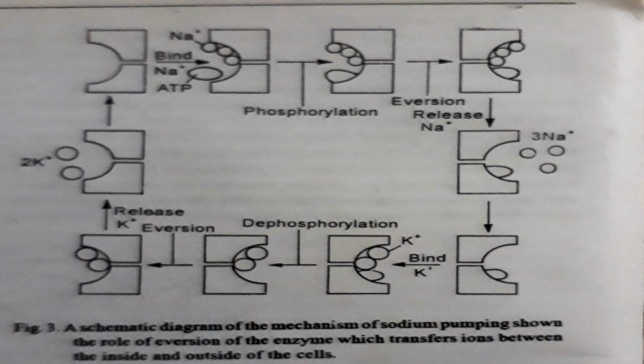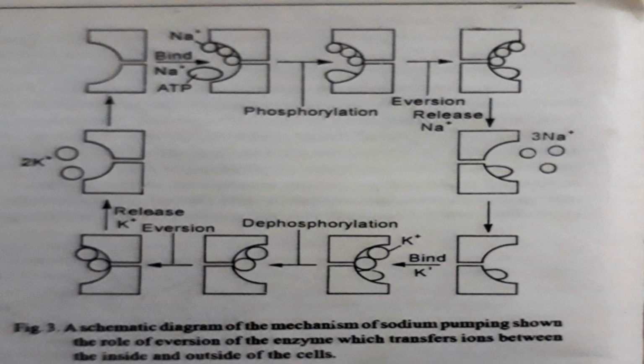The energy of transport of ion is provided by the hydrolysis of ATP. Kidney and brain cells use about 70% of the energy from ATP for this transport, and in some cells each ATP molecule hydrolyzed transports 3 sodium ions out of the cell, as I told you earlier, and 2 potassium ions into the cell. Please look at this diagram on the screen carefully. Potassium is required in the cell for glucose metabolism, protein synthesis and activation of some enzymes.